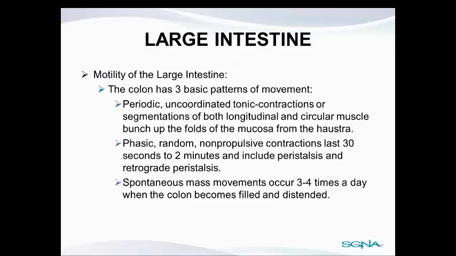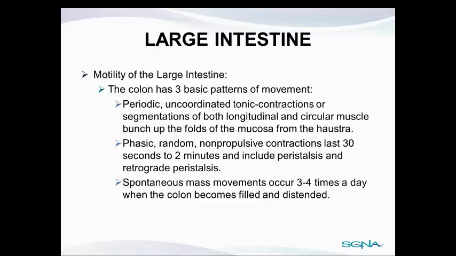The motility of the large intestine. The colon has 3 basic movements: periodic, uncoordinated tonic contractions, both longitudinal and circular, that bunch up into the folds of the mucosa called haustra; phasic, random, non-propulsive contractions lasting 30 seconds to 2 minutes, which include peristalsis and retrograde peristalsis.